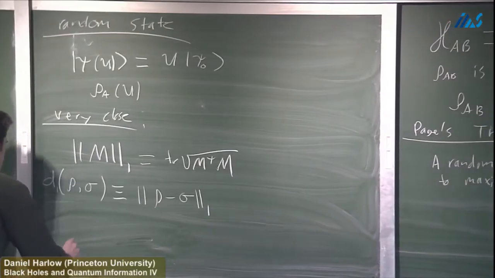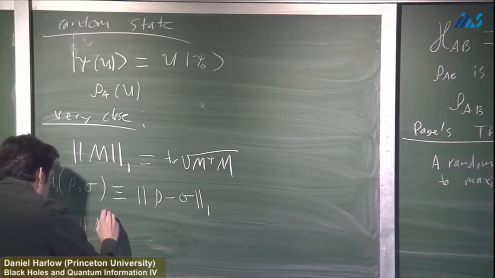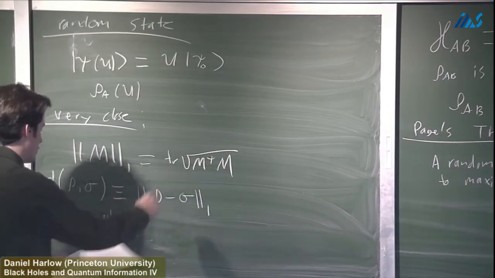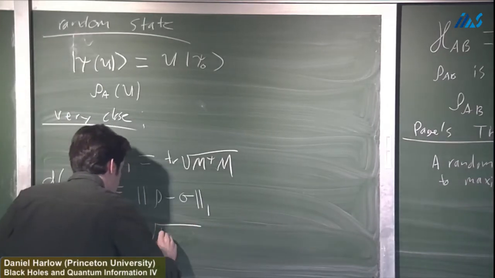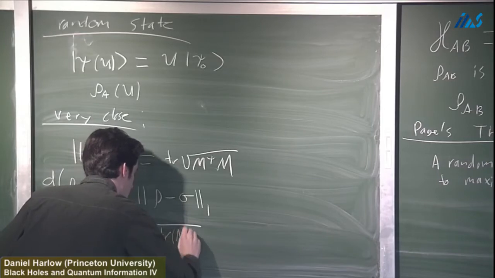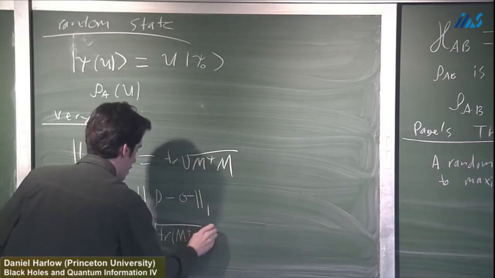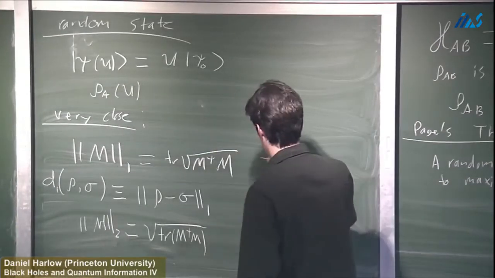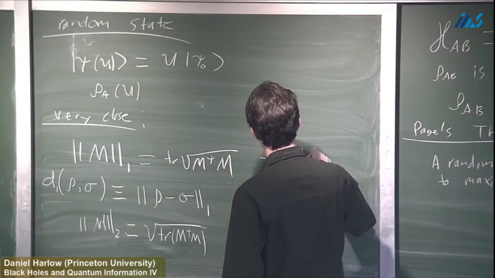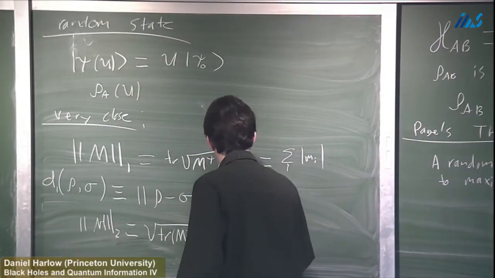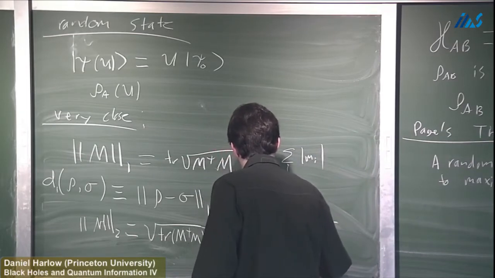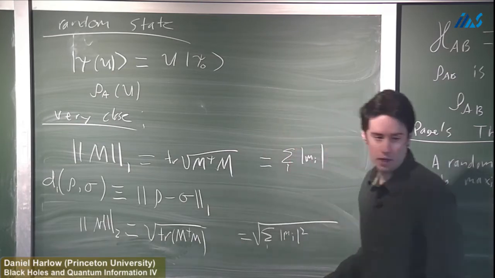Okay, so now I'll also be interested in the L2 norm, which is just switching the trace and the square root. So now it's the square root of the trace of M dagger M. So this one is somehow the sum over the eigenvalues in absolute value, and this one is the square root of the sum of the squares of the eigenvalues.